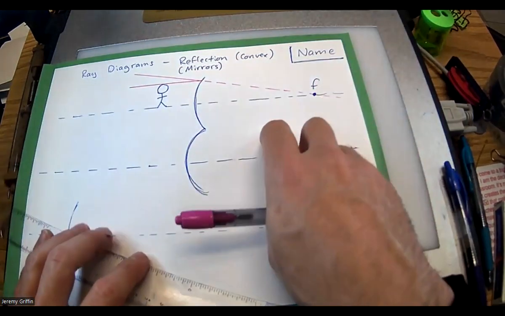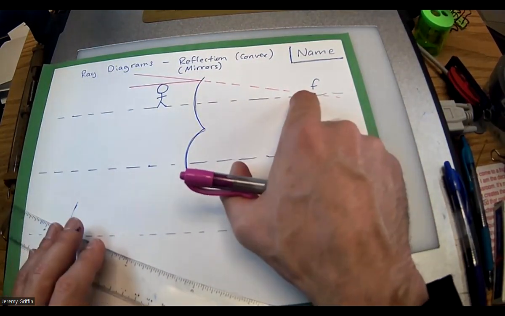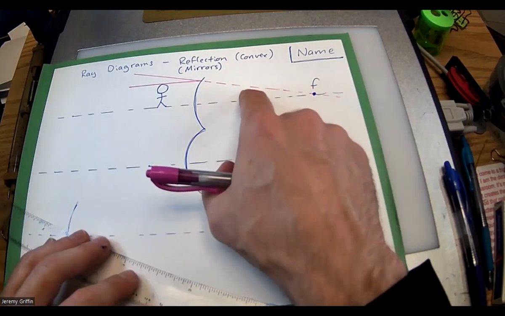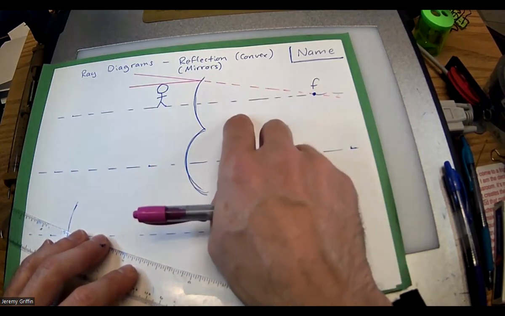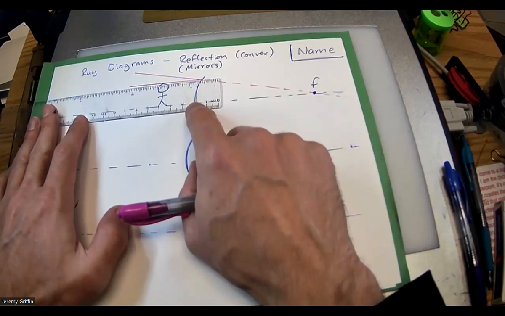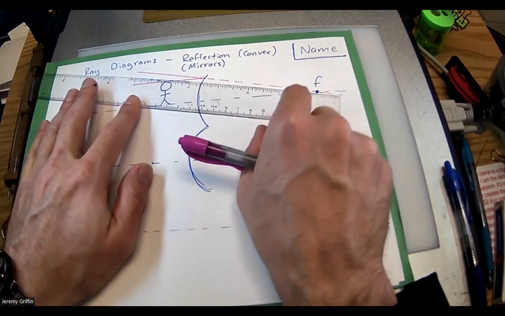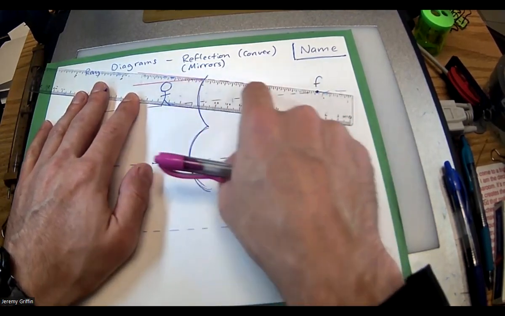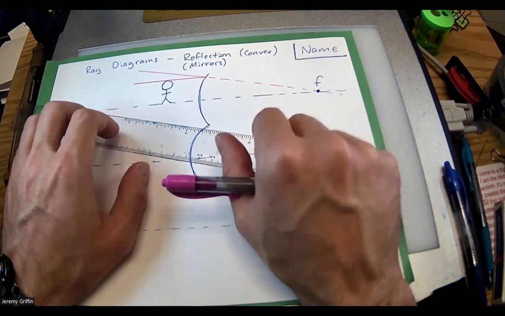So I dashed this just to say that there's no actual light there, but that's what your brain would interpret: oh, the light ray must have come from over there. You guys get that? Okay, so everybody's got that so far?